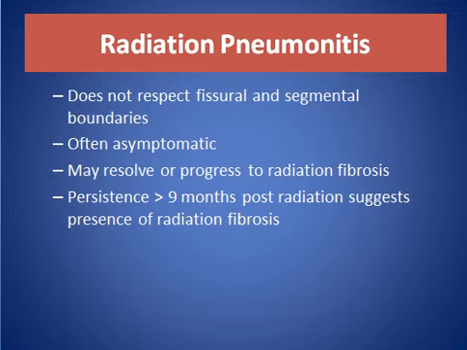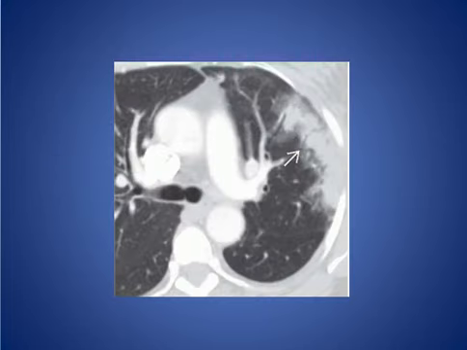Does not respect fissural and segmental boundaries, often asymptomatic, may resolve or progress to radiation fibrosis. Persistence more than 9 months post-radiation suggests presence of radiation fibrosis.